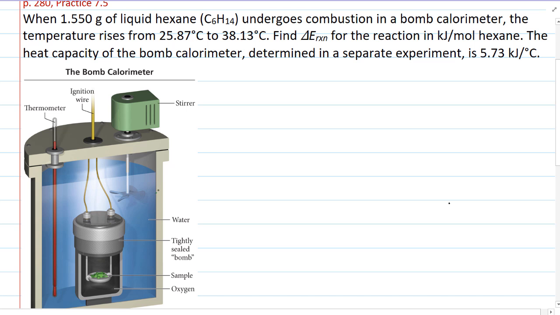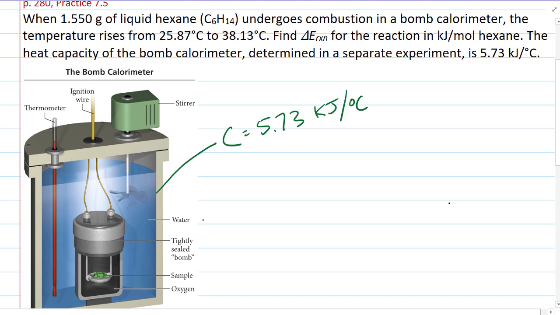What I like doing when I do this is labeling all the different things. So I'm going to label this C, which is the heat capacity. How much is it? If we read through this, the heat capacity of this calorimeter is 5.73 kilojoules per degree Celsius.